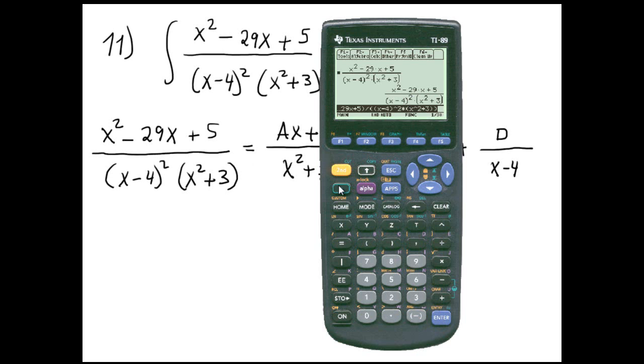Perfect. Now partial fraction decomposition in this calculator is Algebra, F2, option 3, expand. You put the function inside, press enter. There you go.